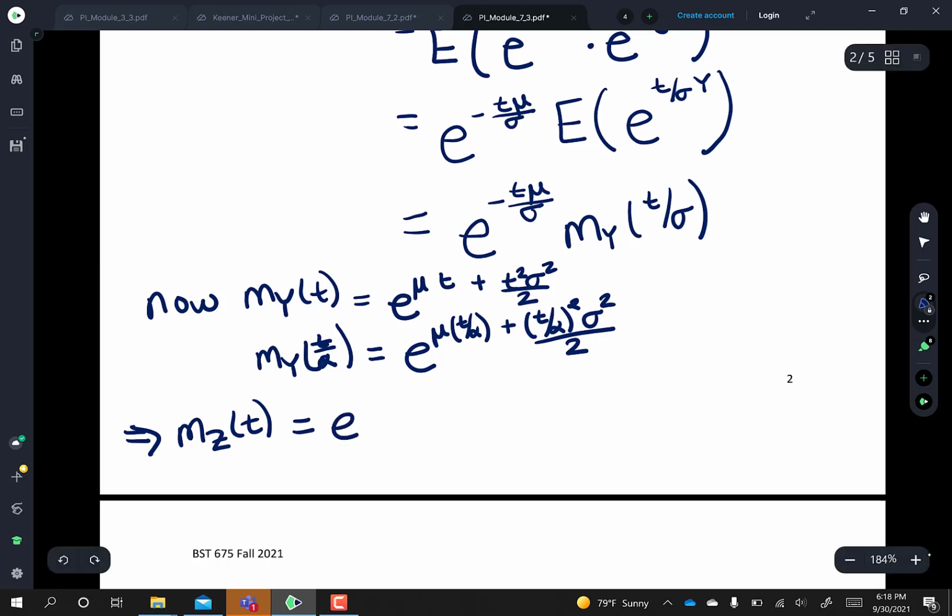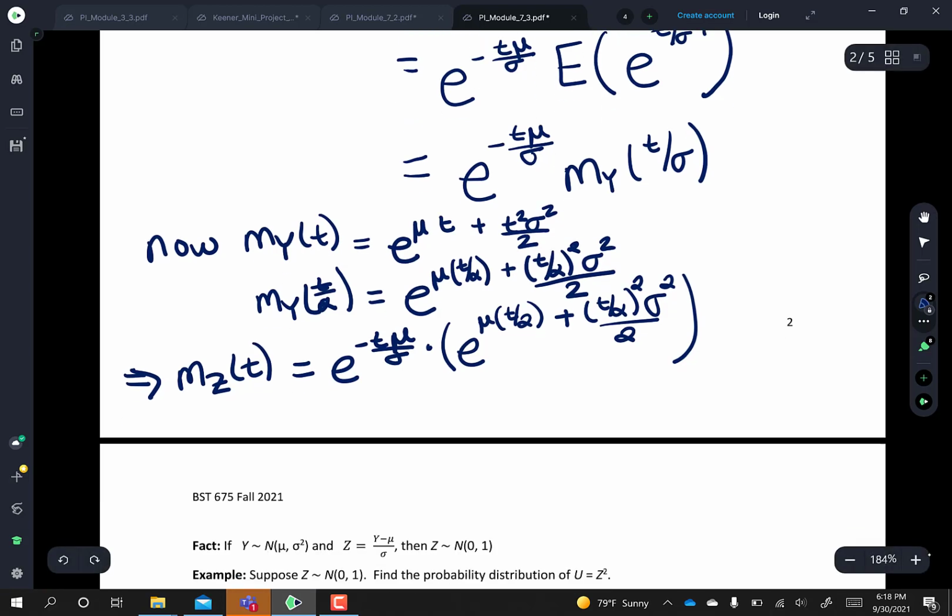So this is equal to e to the negative t mu divided by sigma times e to the mu t divided by sigma plus t squared divided by sigma squared times sigma squared, divided by 2, all in the exponent. Then you can show that this simplifies to e to the t squared divided by 2.